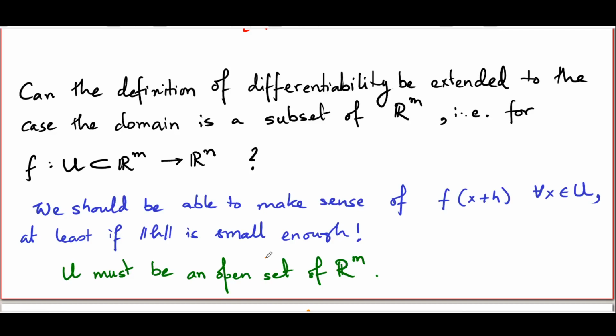So this can of course be interpreted as the statement that x is an interior point of the set U. All the points of U have to be interior points.